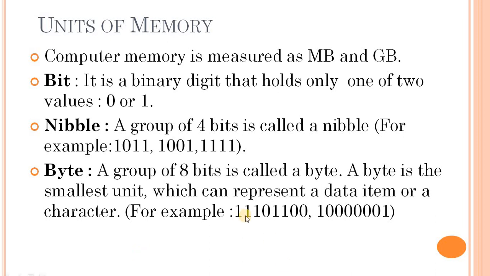Here we have 11101100. So this is the example of a byte. Now in all this, bit, nibble, byte and further the conversions that we are going to see can be asked for your fill in the blanks, MCQs or true or false. There can be various questions which can be framed on this topic.